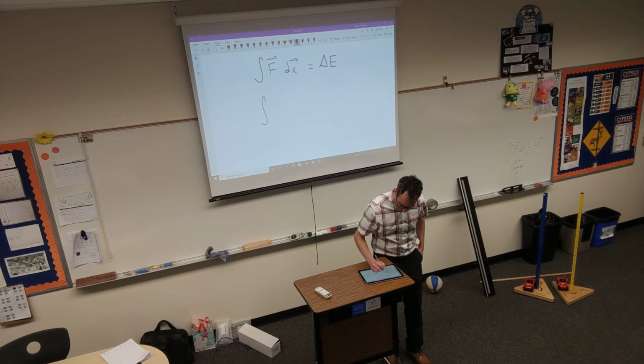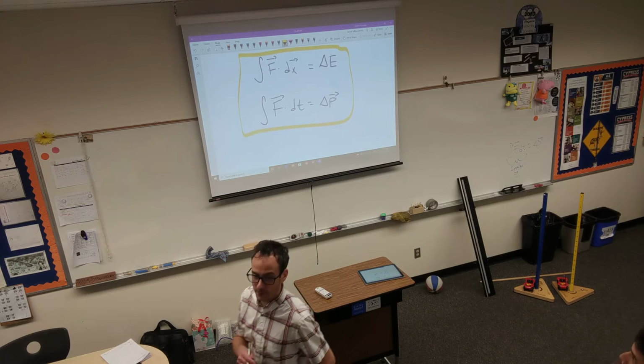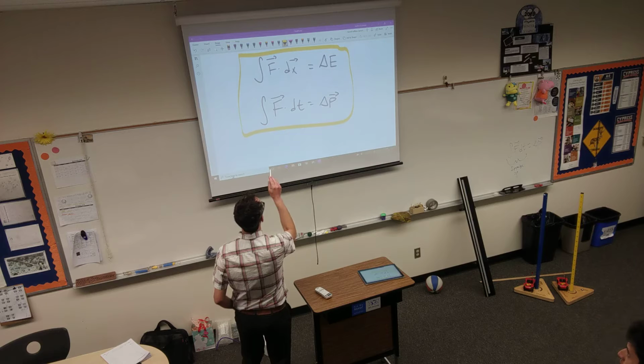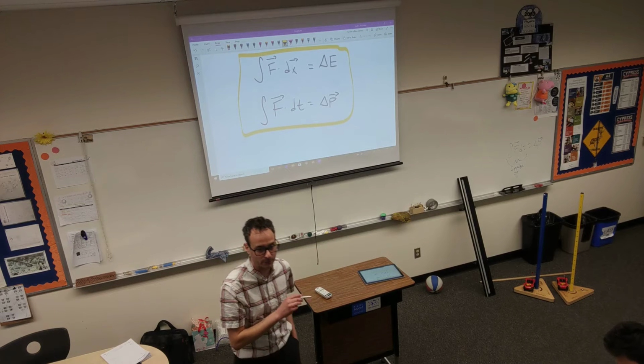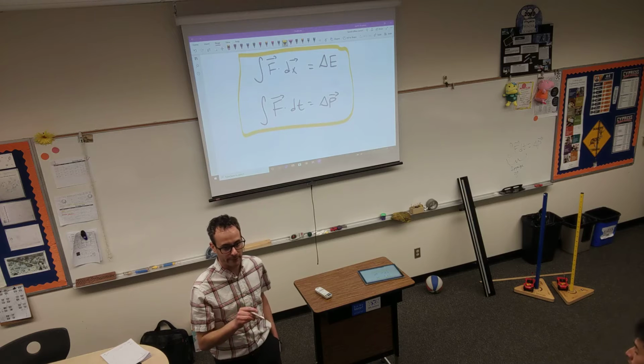But if you integrate a force with respect to time, that's the change in momentum. These are the two big ideas in mechanics to a physicist. A physicist always looks at a problem, and one of the first questions they ask is, should I go at this with a work energy approach, or an impulse momentum approach? Most of the time, one of the ways is easier.